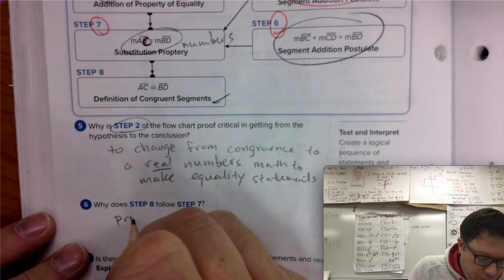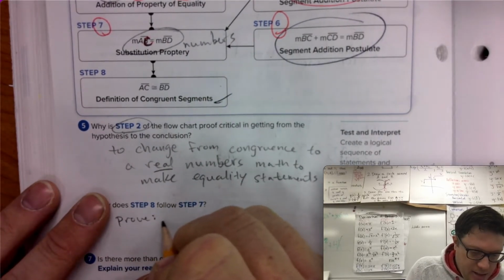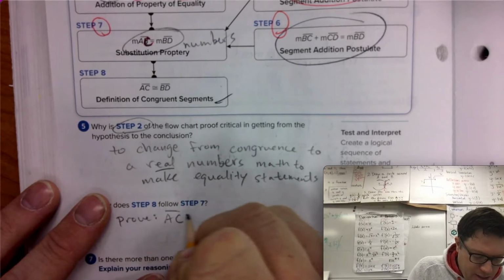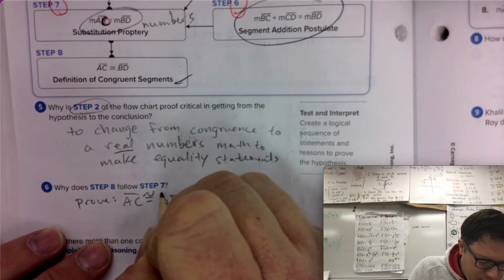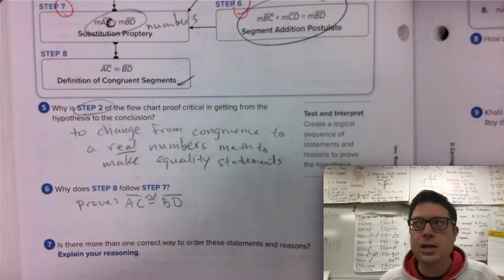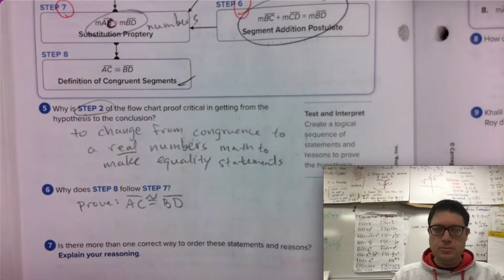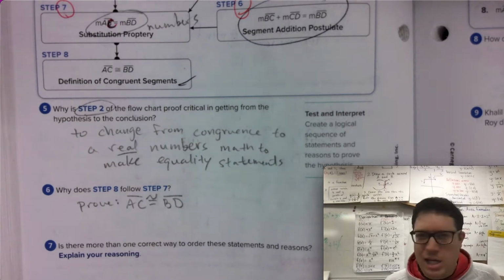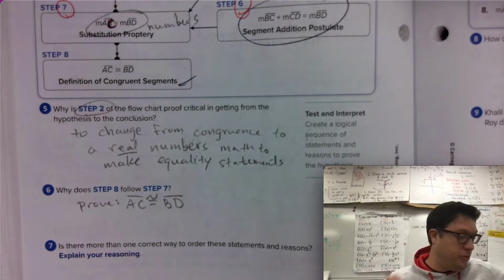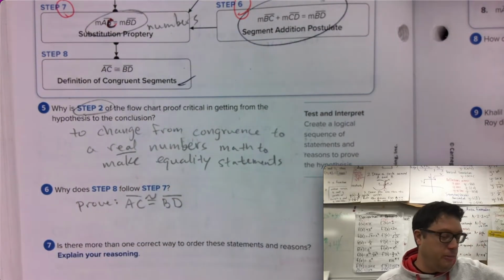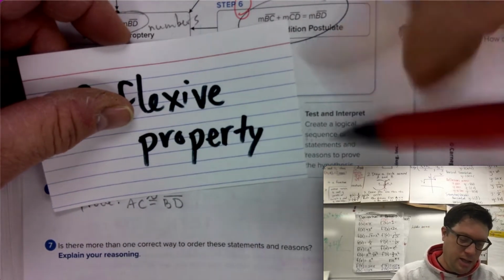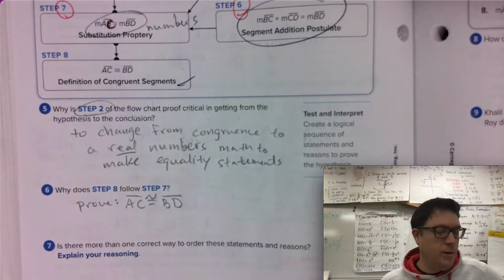The prove says AC is congruent to BD. And this is a shapes congruence, not an equality. But all of the proof is done with number values, right? We're using information. Oh, there's reflexive. Put a tally on that for the fact that we used it.